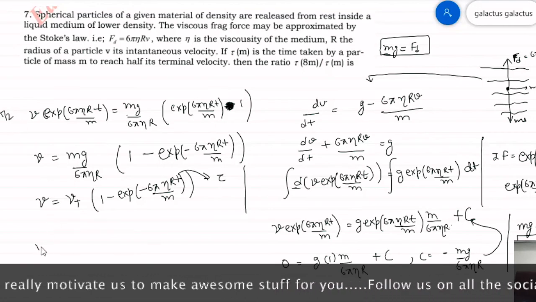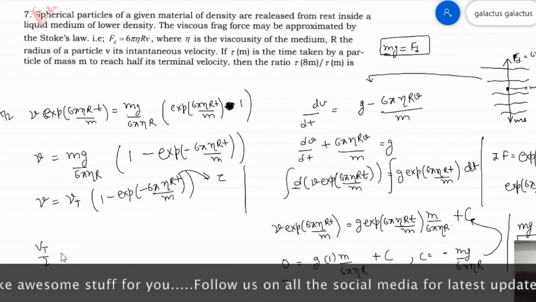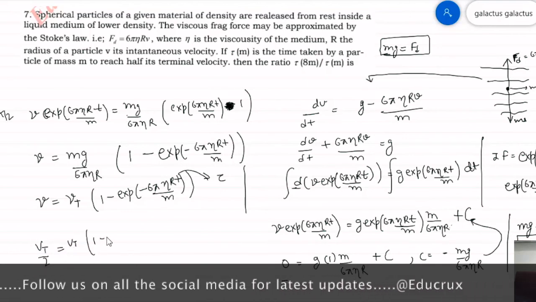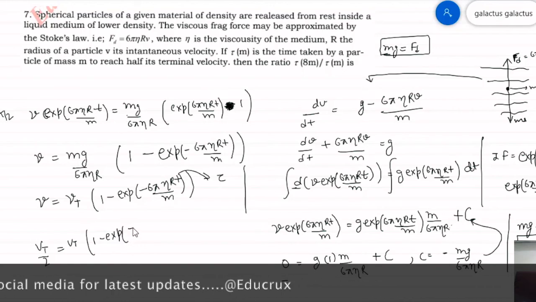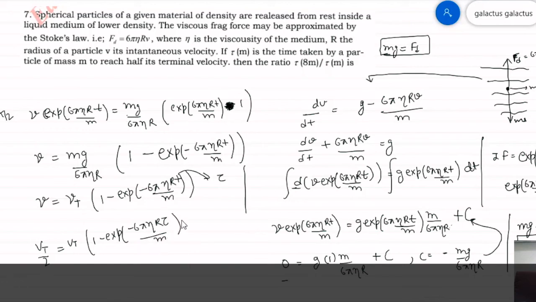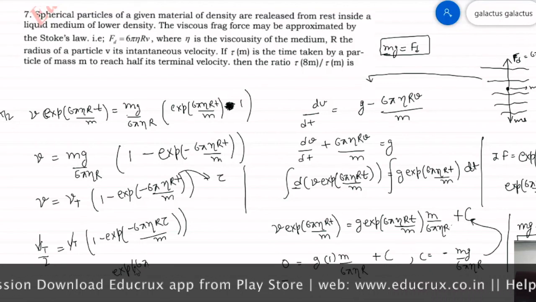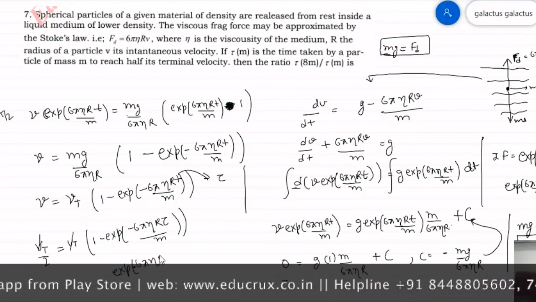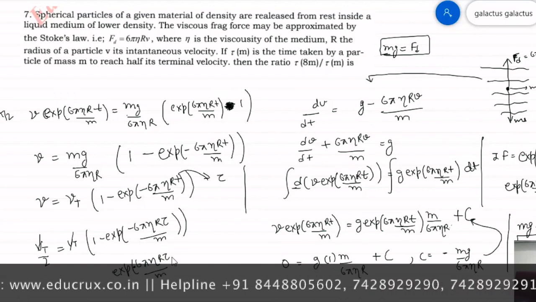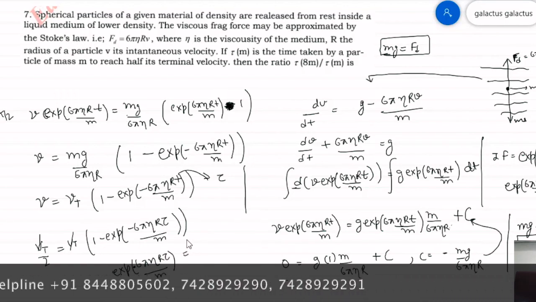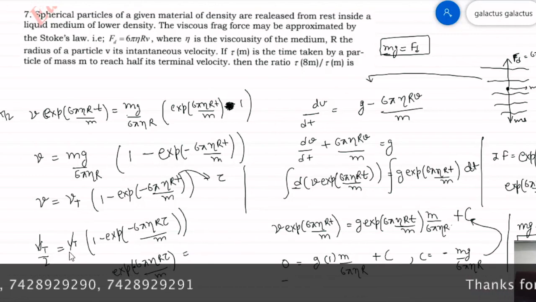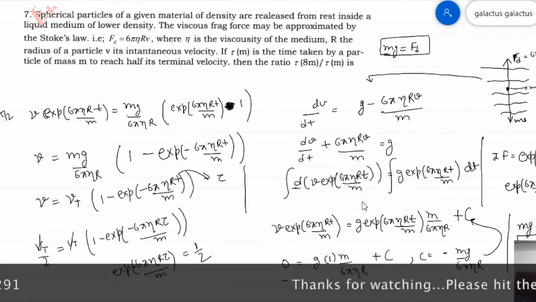So let us substitute Vt by 2 on the left side and Vt over here, and change our time t to tau. So this will turn out to be this, and Vt will cancel. So I'll get exponential minus 6 pi eta r tau by m is equal to 1 by 2.